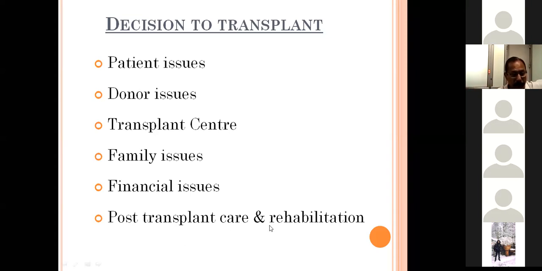Post-transplant care, frequent visits, blood bank support, rehabilitation, psychosocial support. There are a lot of issues which you have to address before you take a step for transplant. It is simply not this कि transplant कर दो बाकी आंखें बंद. This will not be justified.